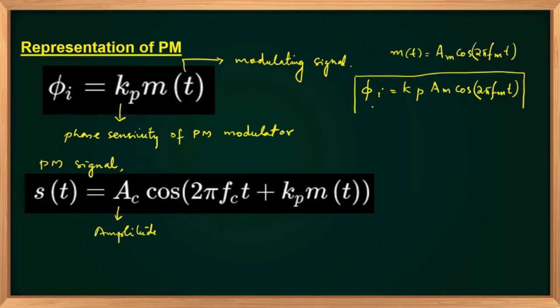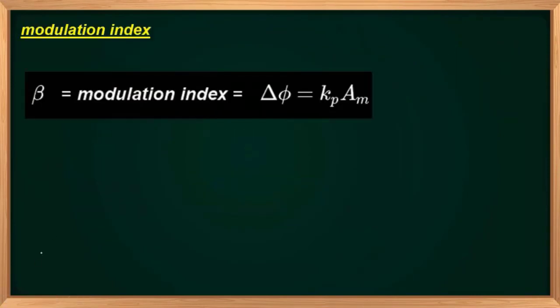You can note down this equation for the instantaneous phase of the phase modulated signal, phi of t equals Kp into Am cos 2 pi fmt for the single tone case. Now coming to modulation index. Modulation index is defined as the maximum phase deviation.